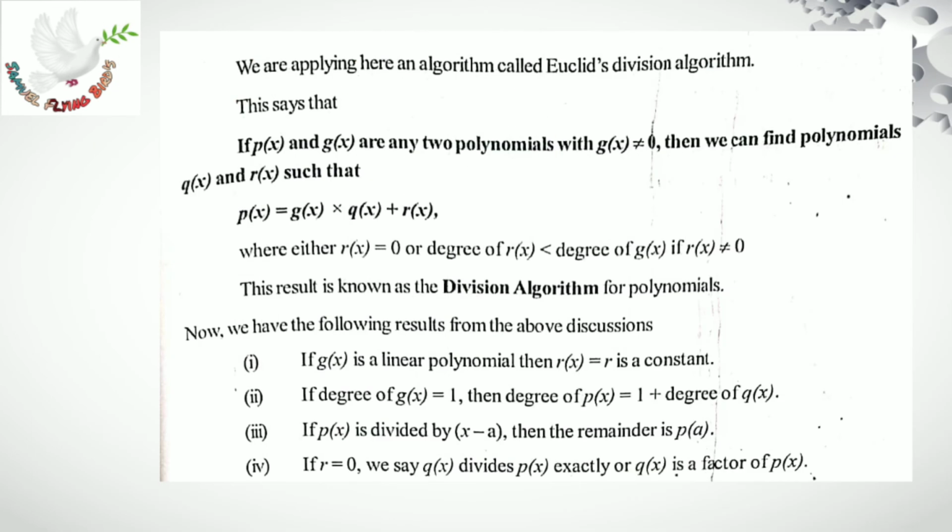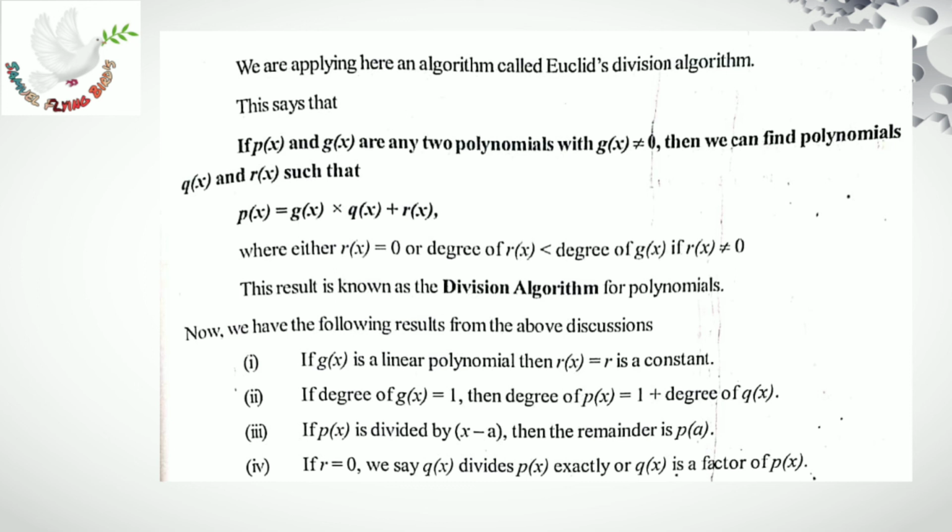If p of x and g of x are any two polynomials with g of x not equal to 0, then we can find polynomials q of x and r of x such that p of x equals g of x into q of x plus r of x. This result is known as the division algorithm for polynomials.